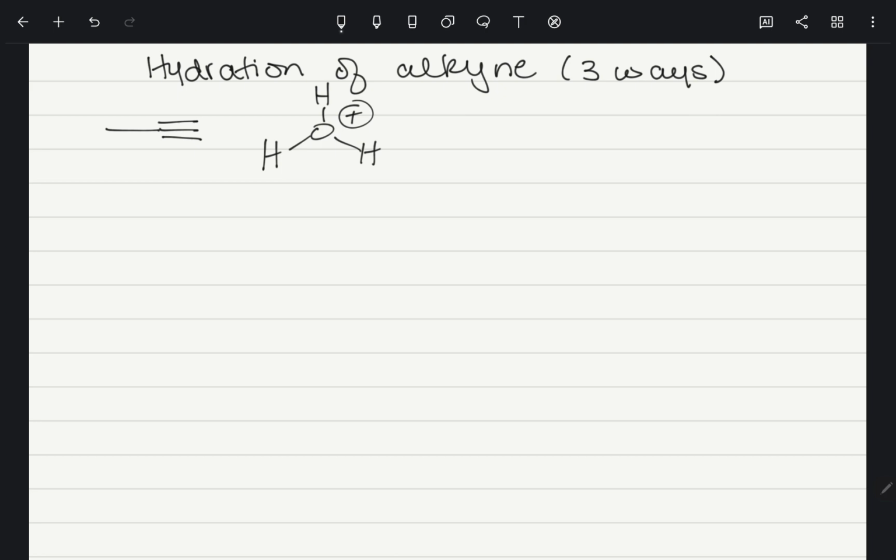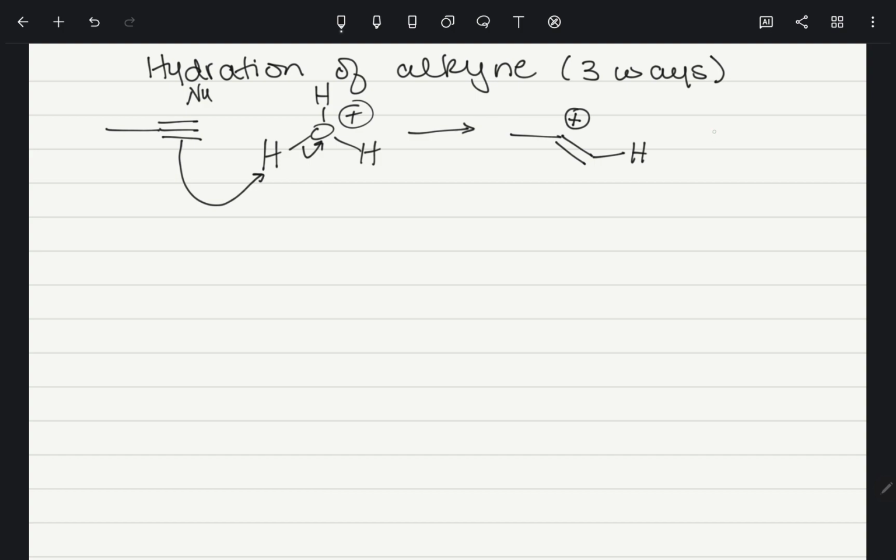But it starts the same way. You take your pi bond, which is your nucleophile, and you take a hydrogen away from the hydronium ion. And you're going to end up with a positive charge on your molecule, very much like what we did before.